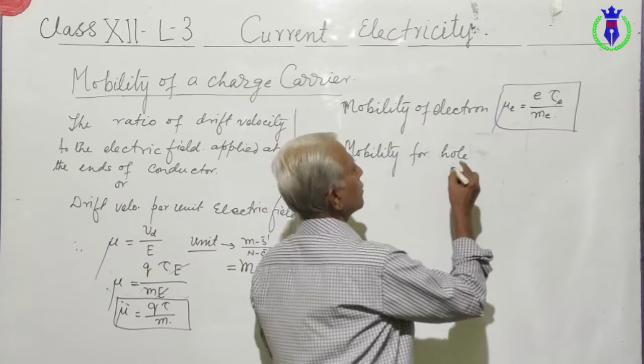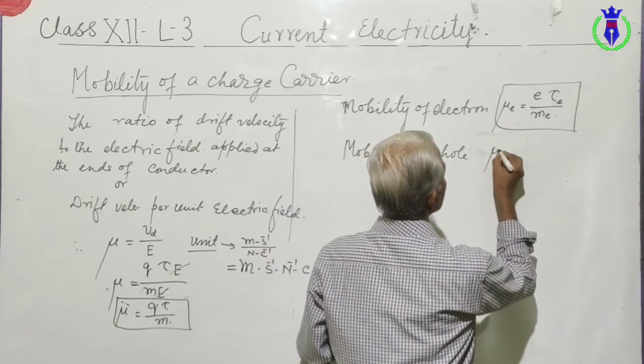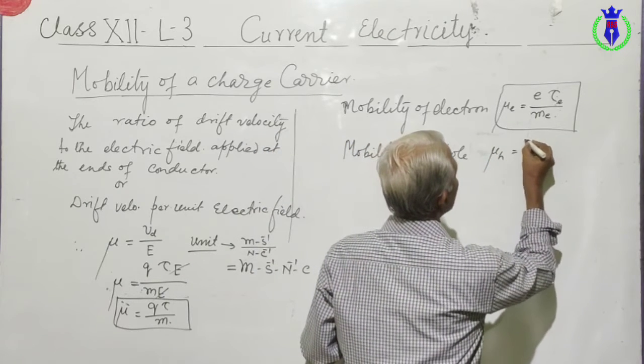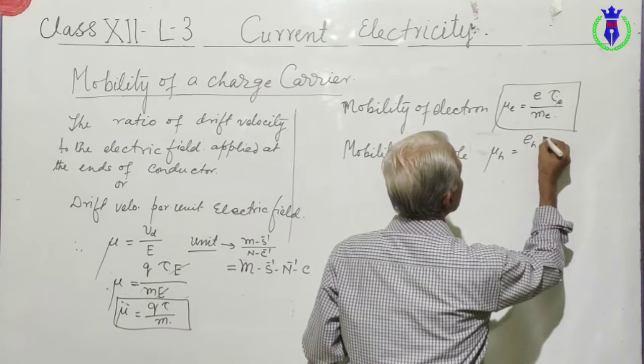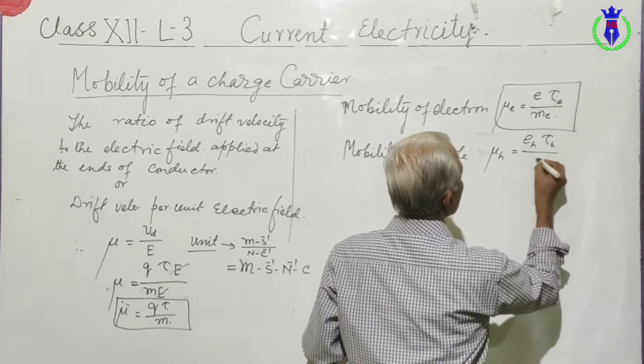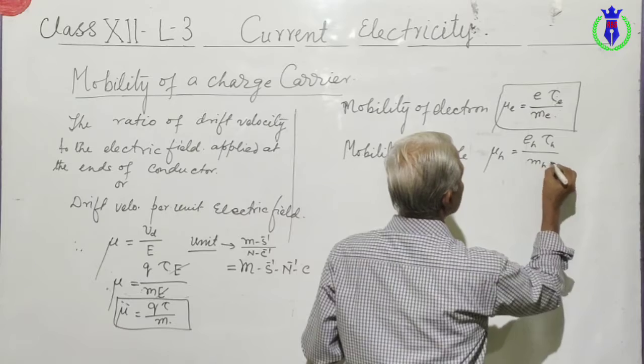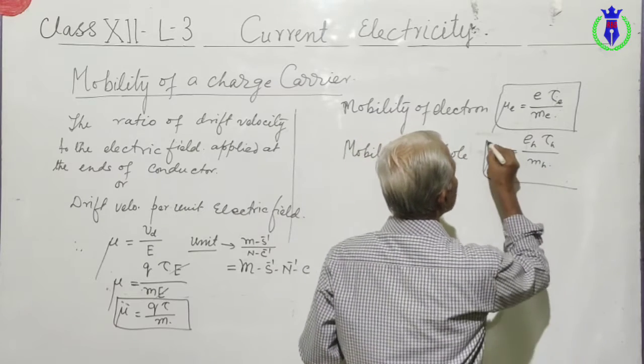So the mobility mu h is equal to e tau h upon m h. This is mobility of the hole.